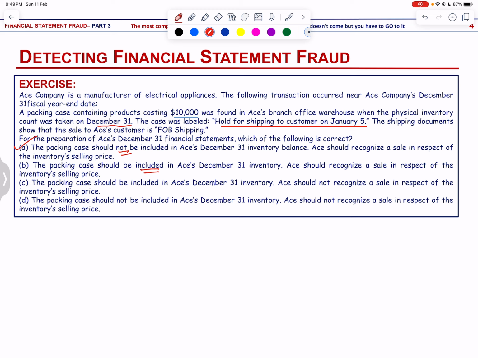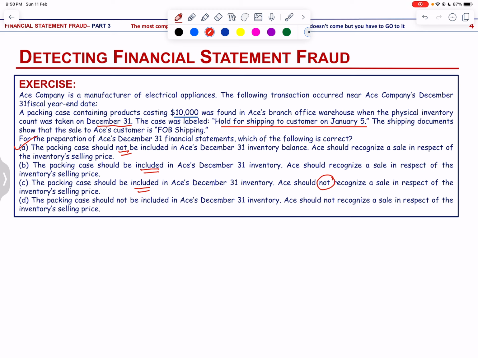Then option C, the packing case should be included in ACE's December 31st inventory. ACE should not recognize a sale in respect of the inventory's selling price. So option C is the correct choice, as ownership of the goods typically transfers from the seller to the buyer when the goods are shipped as per the FOB shipping terms.